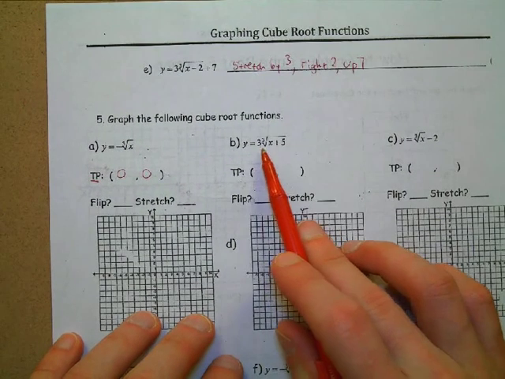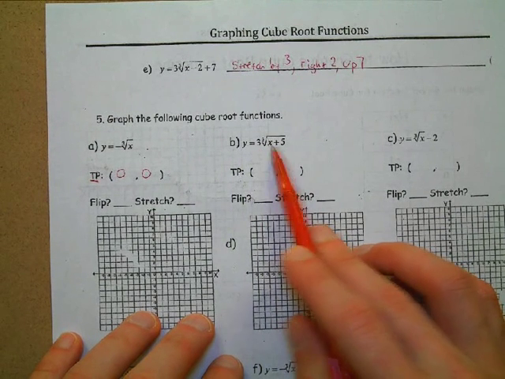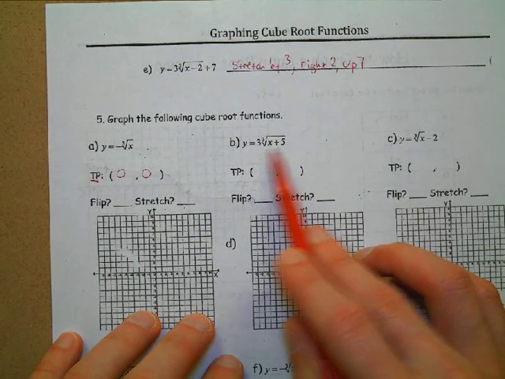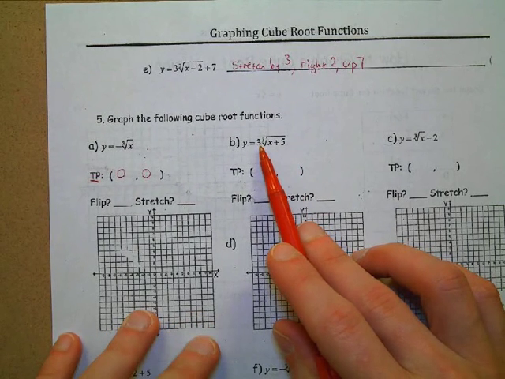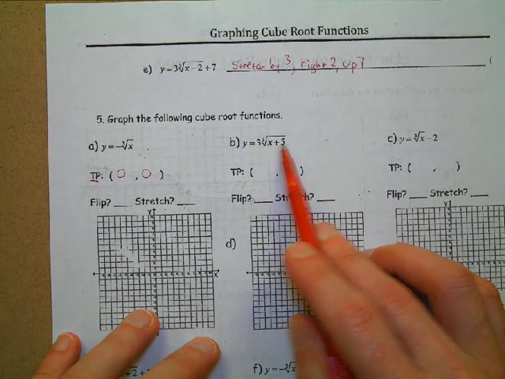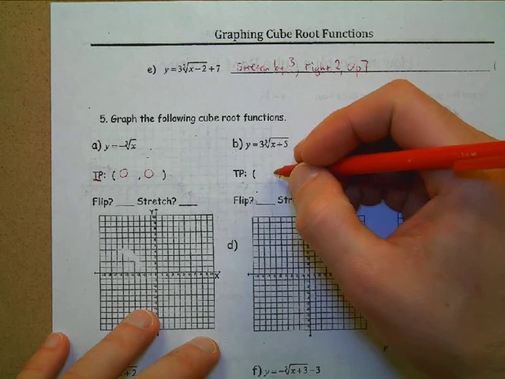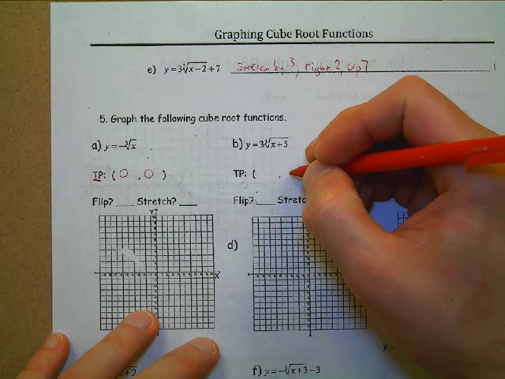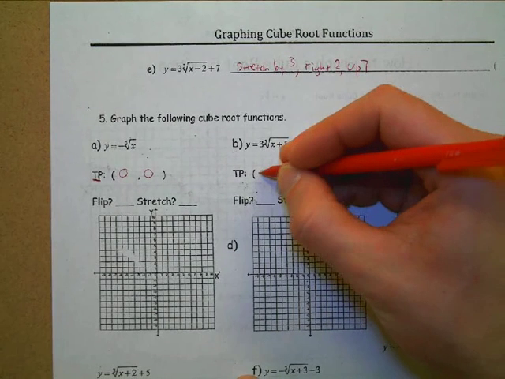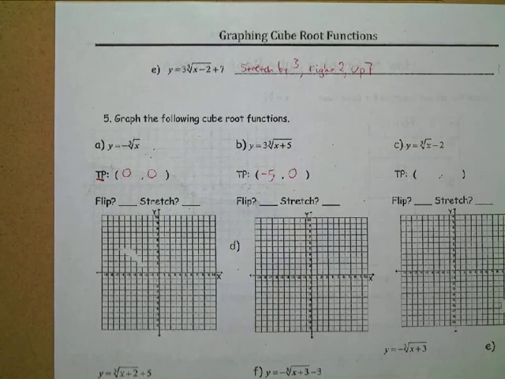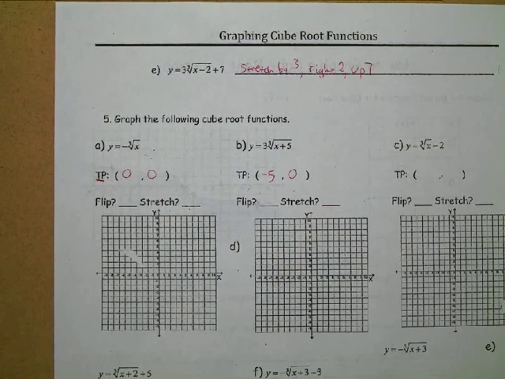Whereas, let's look at letter B real quick. The turning point here, how is that going to be shifted? By 3. So 3 is going to be the stretch. But the plus 5 means we're going to go left 5. So instead of our turning point being at 0, 0, we're going to go left 5. Careful, left is the x coordinate, so it'll be negative 5 and then 0.